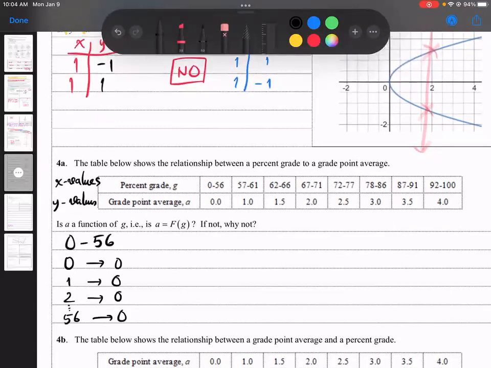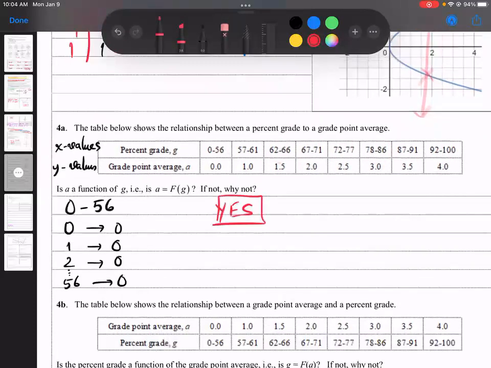Even though y is repeated, that's okay. G is not repeated. Similar with this one, same explanation. So yes. I shouldn't say x value, I should say g value.